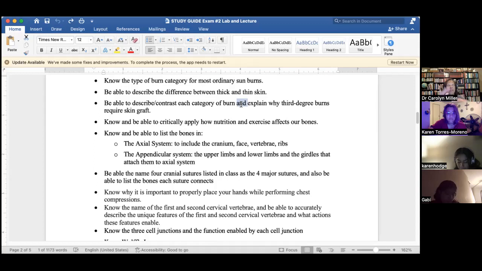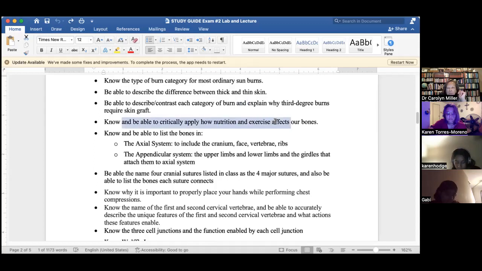So if a third degree burns not only through the epidermis and the dermis, but even the adipose, the hypodermis, now I'm down to just muscle. So it requires a skin graft because we no longer have epithelial nor connective tissue. We're down to the muscle. So that's why it requires a skin graft.